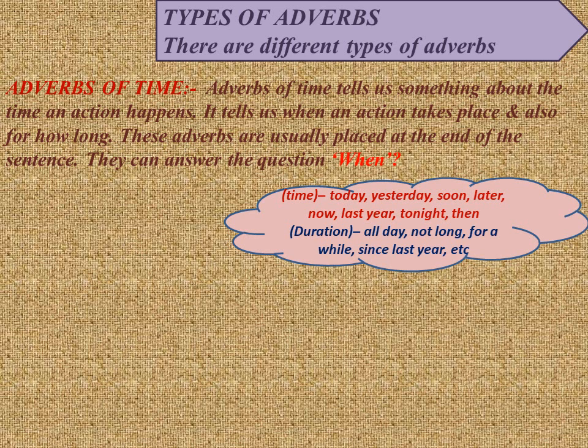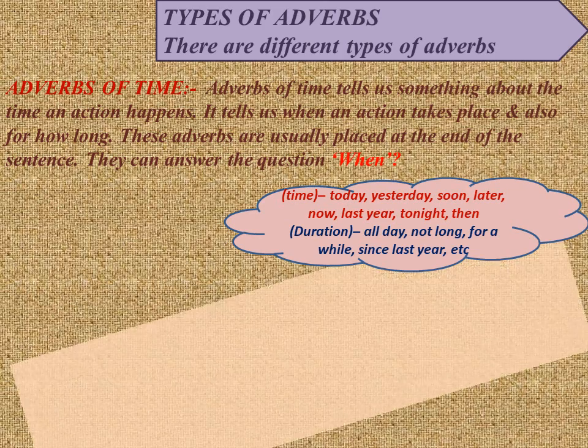These are a few words as examples, some common adverbs of time and some common adverbs of duration, that tell us about the duration. So here adverb of time depicts the time it happens.